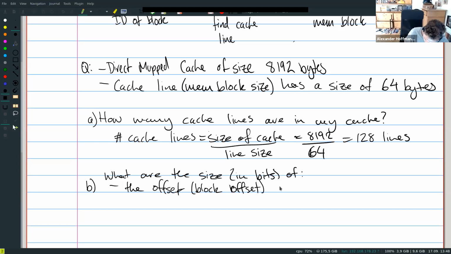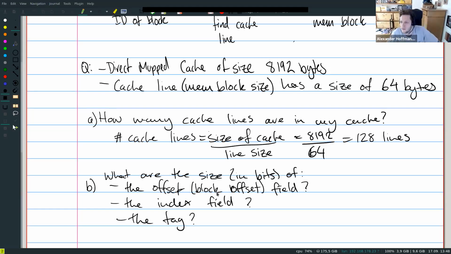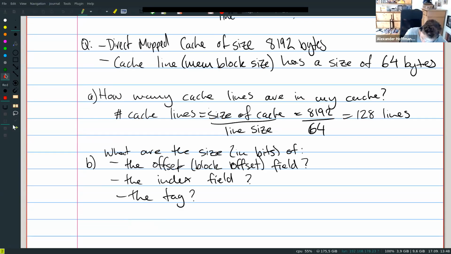Let's also assume a 32-bit system. So can anyone tell me how big our offset field would be?